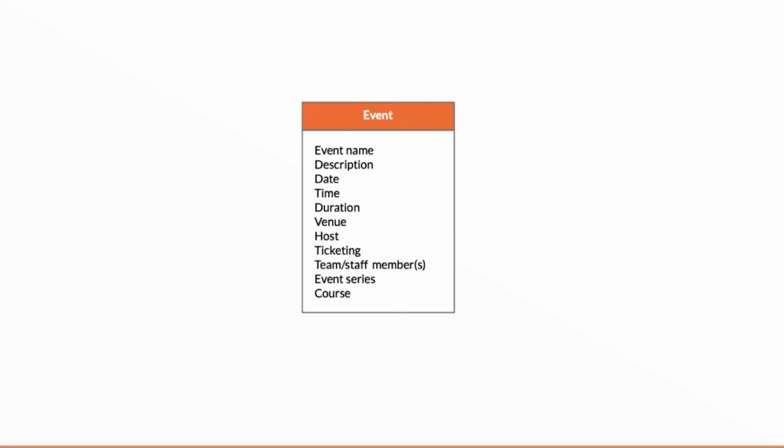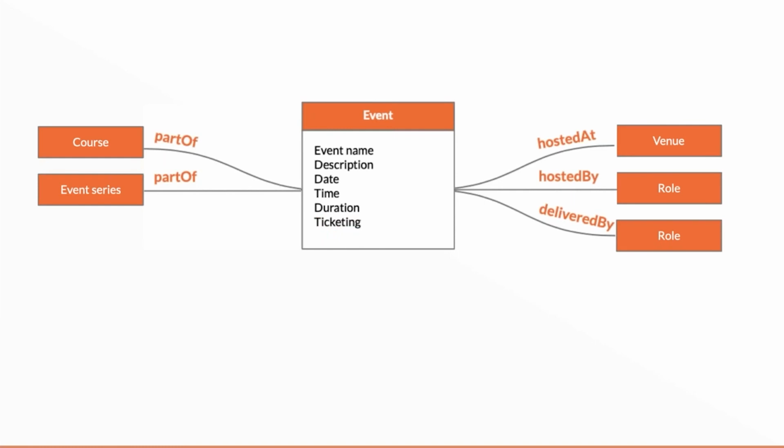But what we do notice is that some of those attributes that I've now put into orange actually are expressed in relationships already. So we could model it like this. We take those out and show them as the relationships to the other parts of the model, which I haven't put in full there, but you can see that an event is part of a course, it's hosted at a venue. A new one that came up in thinking about this is an event might be part of a series. So actually we need a new content type for series.